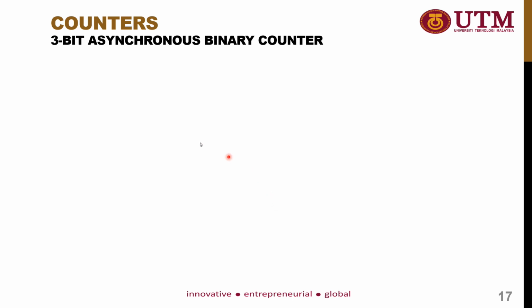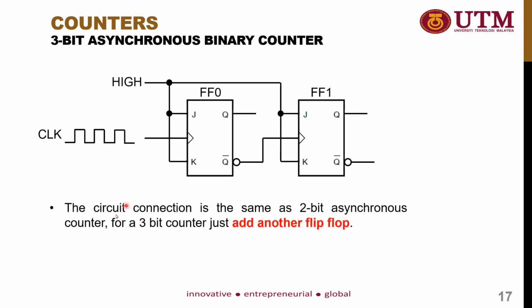So next, we'll proceed to the 3-bit asynchronous binary counter. So how do we design a 3-bit asynchronous binary counter? Okay, so the circuit connection for the 3-bit asynchronous binary counter is just the same as the 2-bit asynchronous counter. This is the circuit of the 2-bit asynchronous counter.